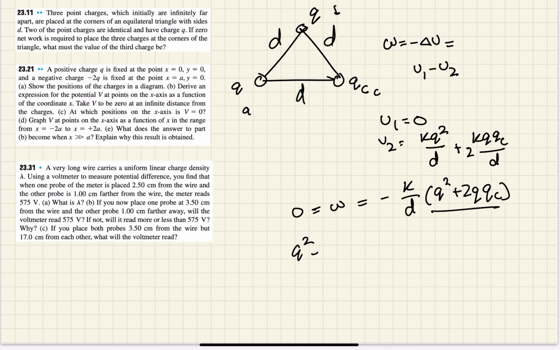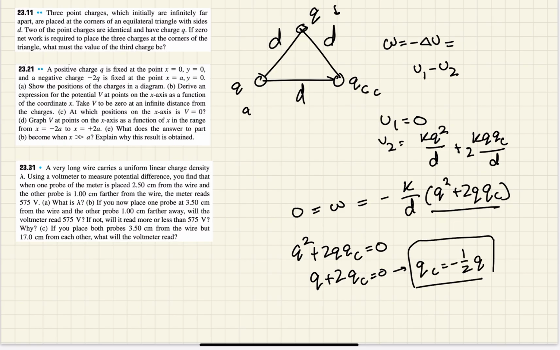So Q squared plus 2Q times QC equals 0, which means Q plus 2QC equals 0. And so QC is equal to negative half of Q, for that equation to make sense. And you can also make sure the sign is right, because if it was all positive charge, they would repel each other. Since it's 1 negative and 2 positive, it makes sense.